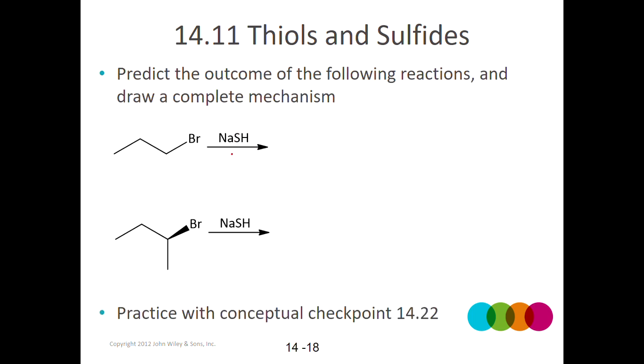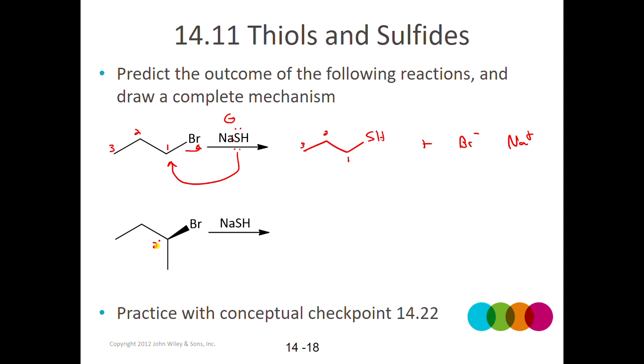So if I have a primary carbon, I expect the negatively charged sulfur to attack very readily and produce a thiol. There's no change in the carbon skeleton when a thiol attacks or a hydrogen sulfide attacks.